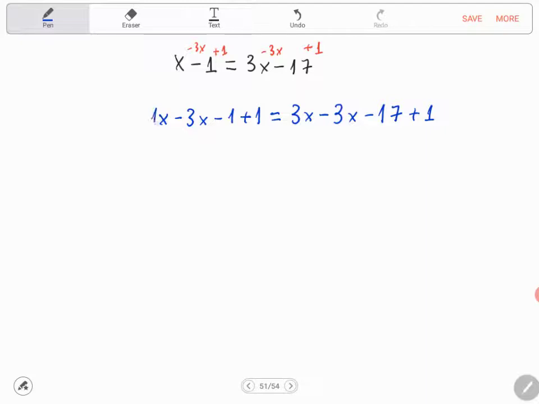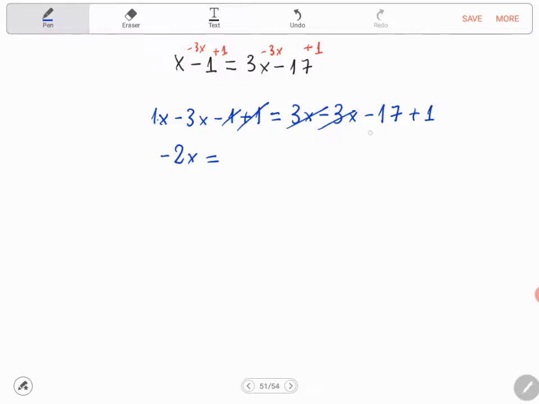On the left side we have x, and 1x minus 3x is -2x, and -1 plus 1 is 0. It's not necessary to put the 0 here. We just cancel, and this equals 3x minus 3x, 0.